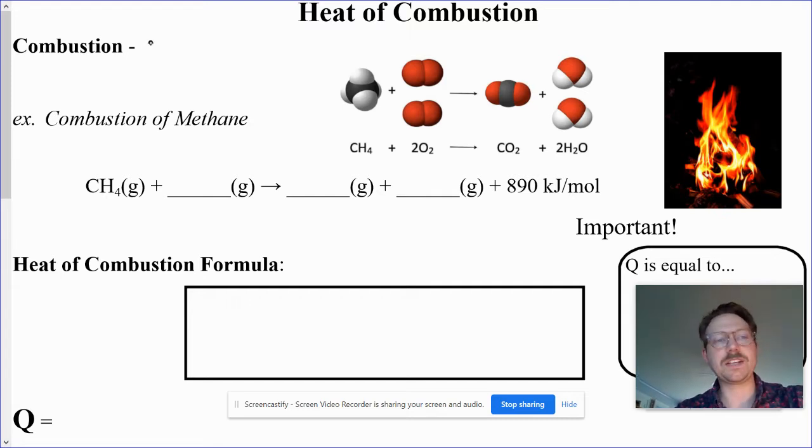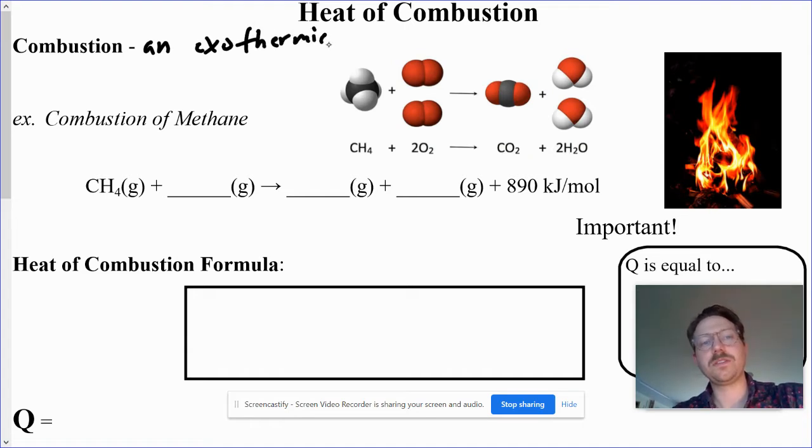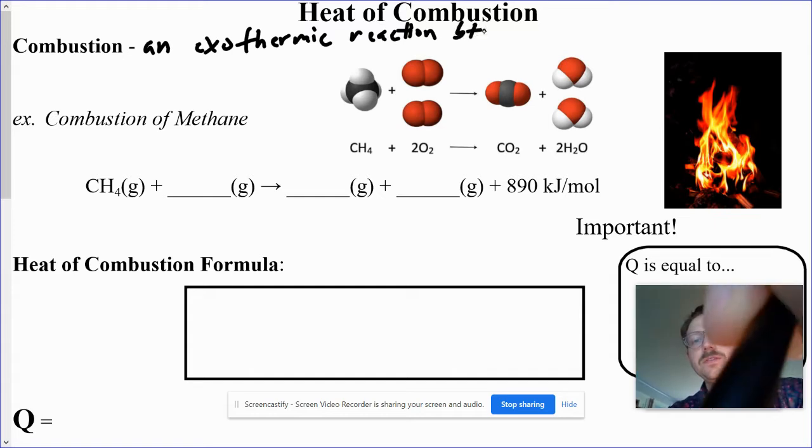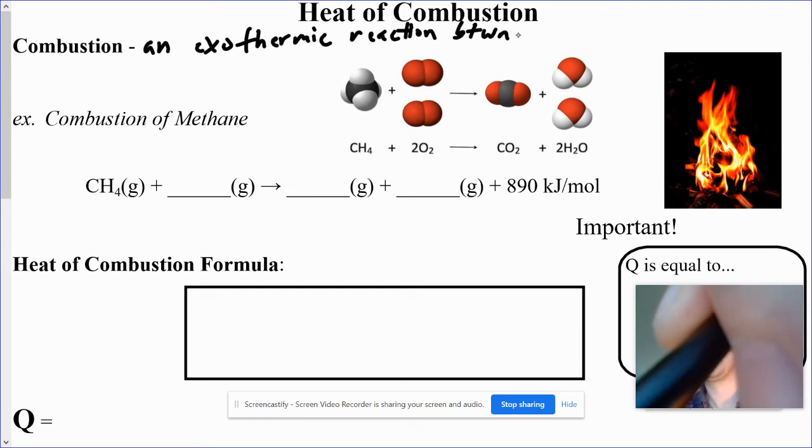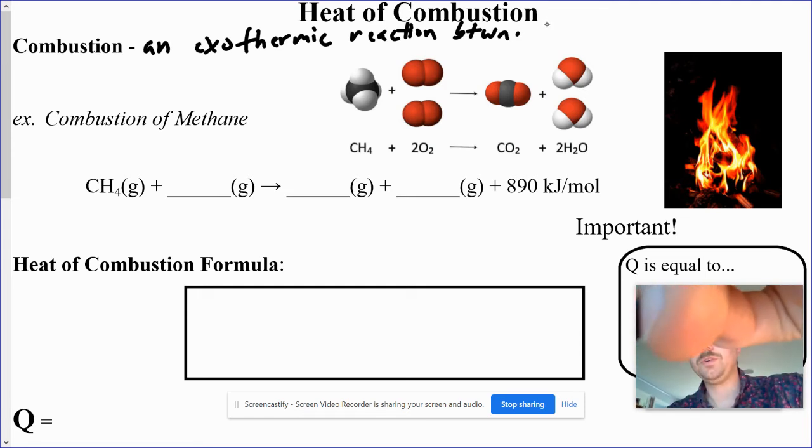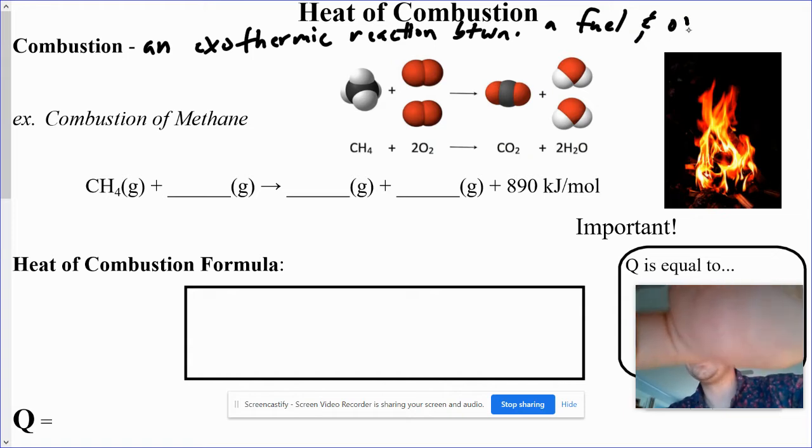We're going to be learning a little bit about heat combustion and heat of combustion. Combustion really is just an exothermic reaction, meaning that it's releasing heat and it has a negative delta H. And this is really a reaction between a fuel and oxygen.